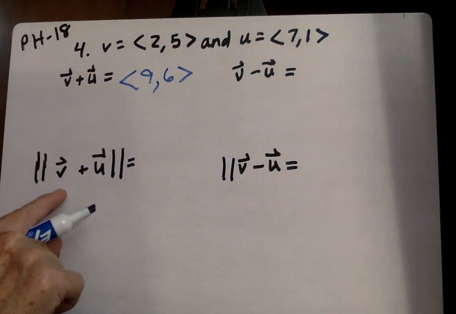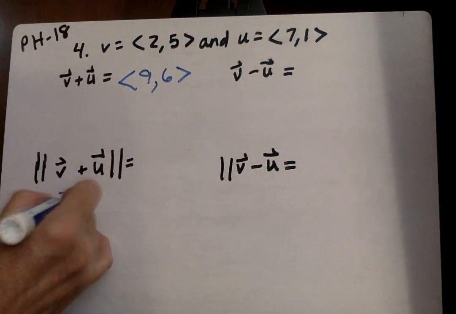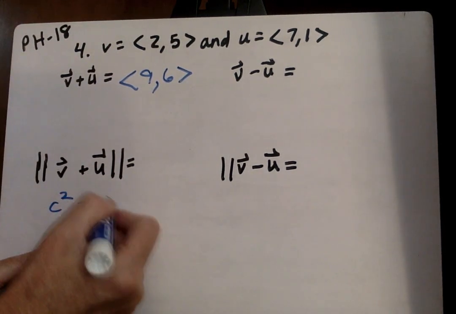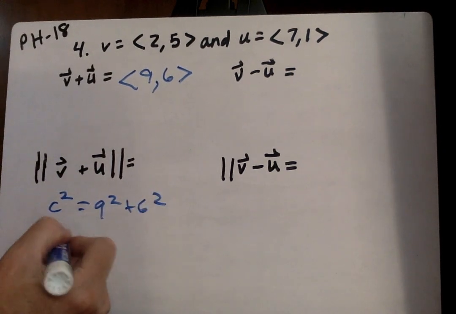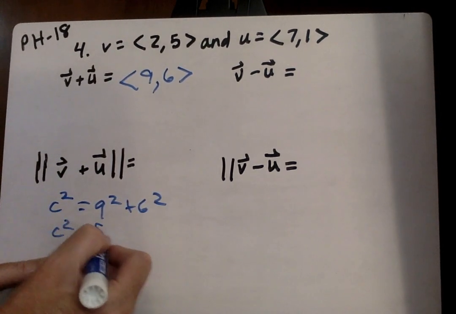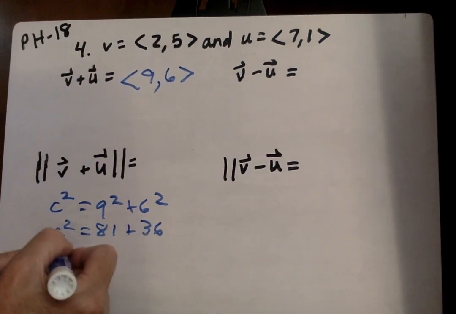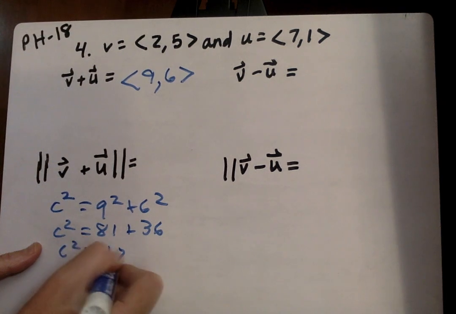Now we have to find the magnitude of that. So we just say that c squared equals 9 squared plus 6 squared. So c squared equals 81 plus 36. So c squared equals 117.